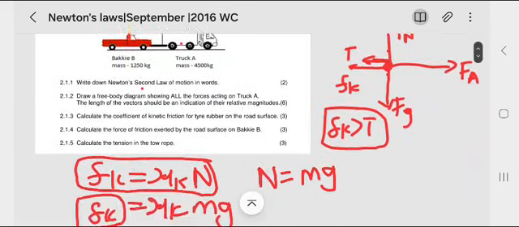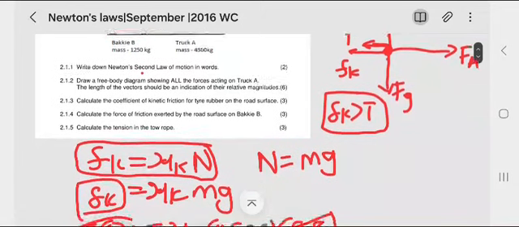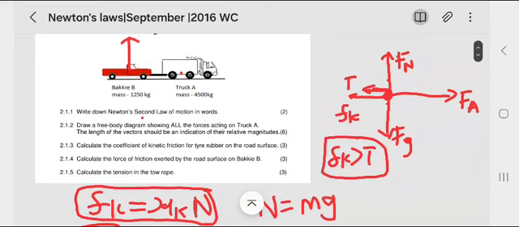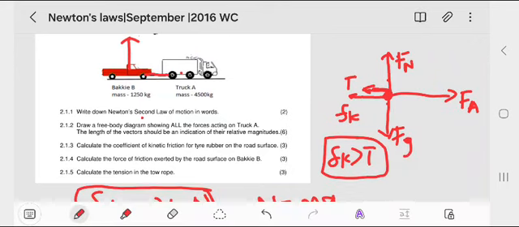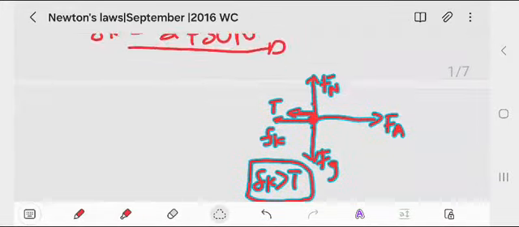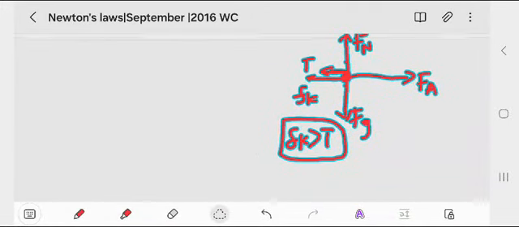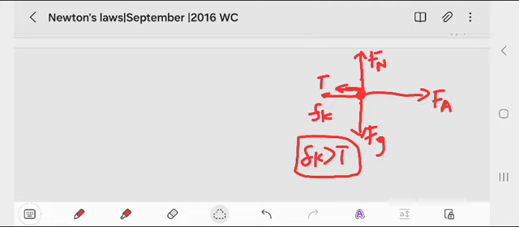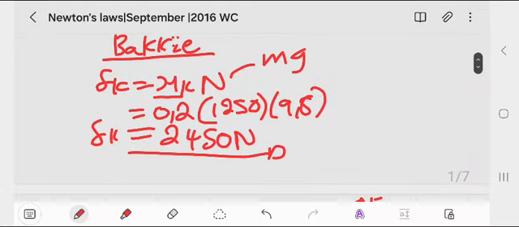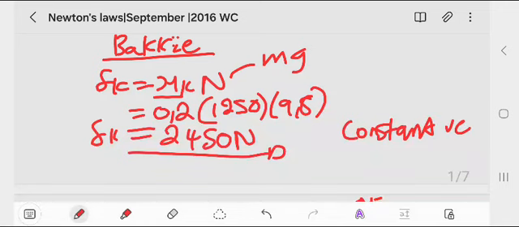Then 2.1.5, calculate the tension in the tow rope. We want this tension, and we can use this free body diagram to calculate it. We know the truck is moving at a constant velocity, which means acceleration is equal to 0 meters per second squared.